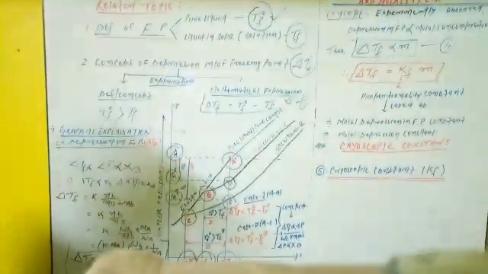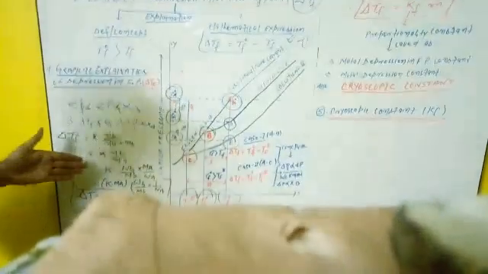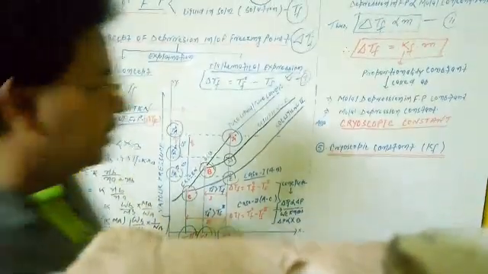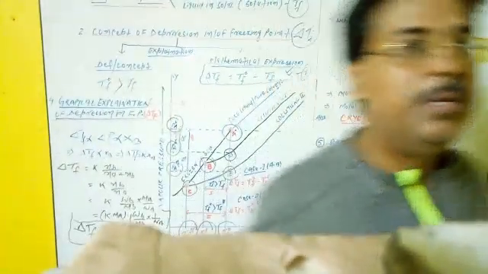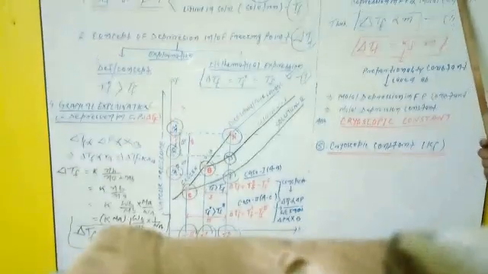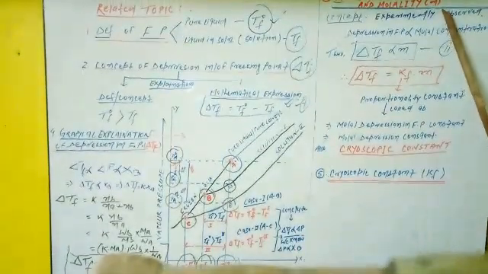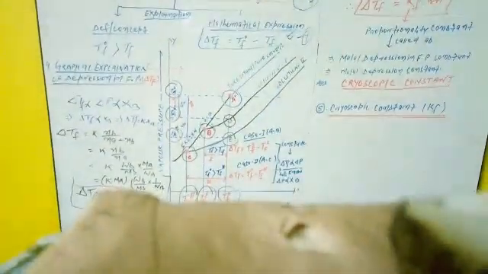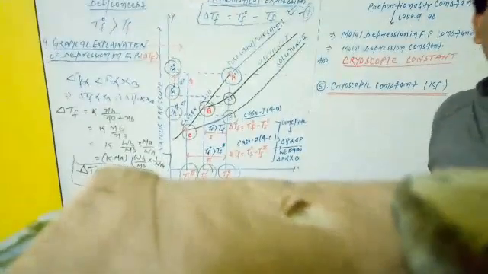It is not necessary to discuss these things in a broad sense, but you must remember them. So this is the explanation about depression in freezing point, its relation with molality, and the graphical explanation. These are certain important topics.